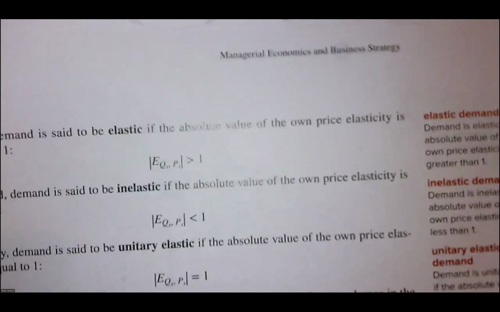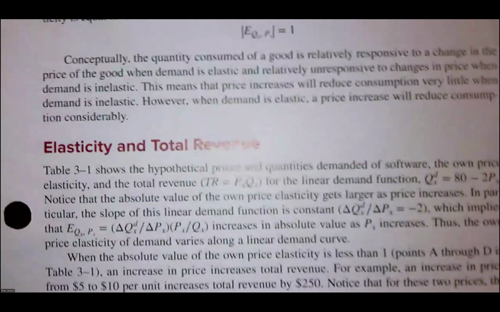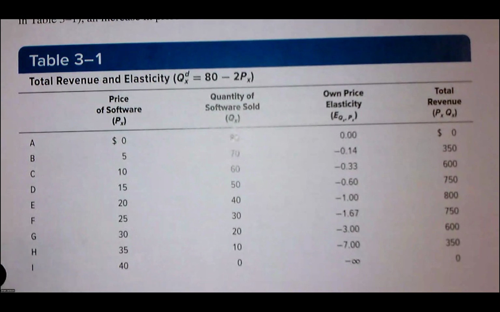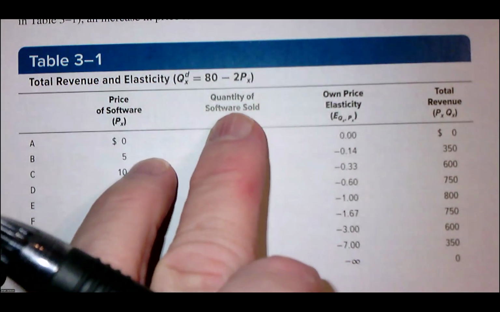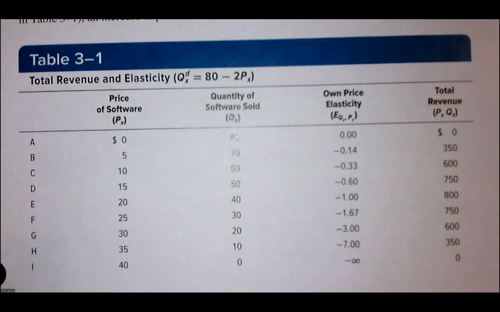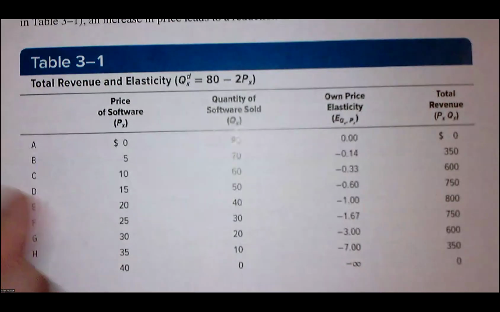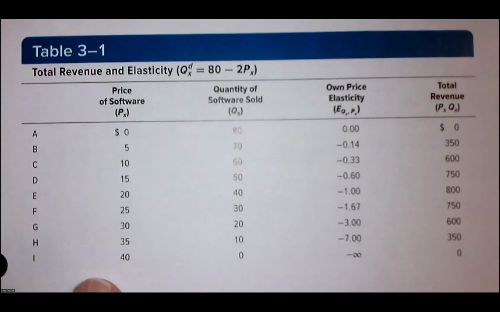These separate goods into categories that determine how responsive the quantity demanded of a good is to its price. And they compute some own price elasticities here at the bottom of page 77 for a particular good and so forth.